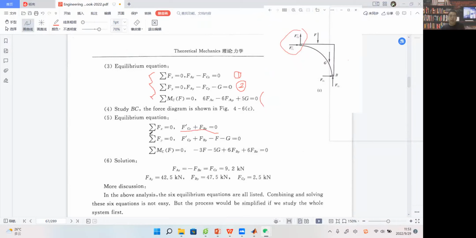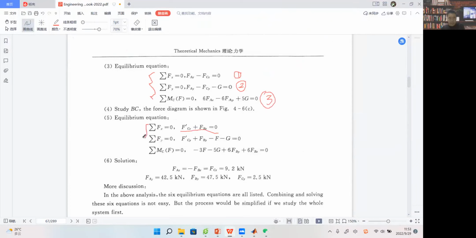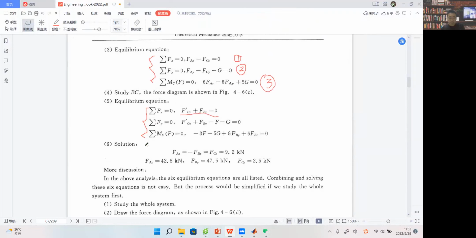Maybe you guys still find it very difficult to understand all these things, but I hope you have a basic impression, right? After we get these 6 equations, we have the relationship from the action and reaction point of view.